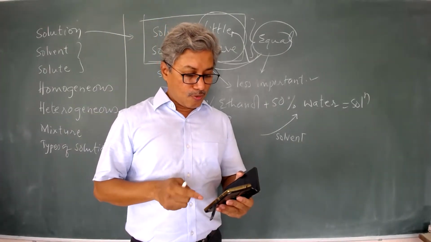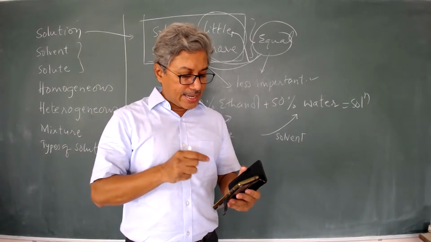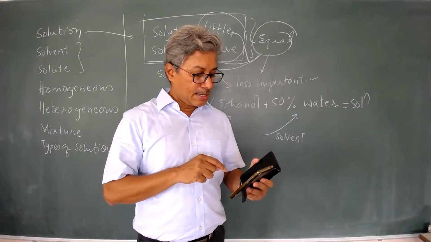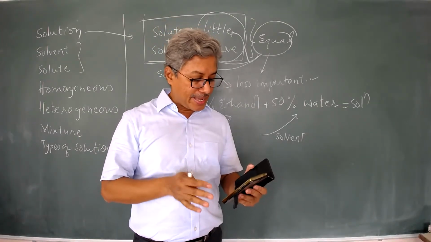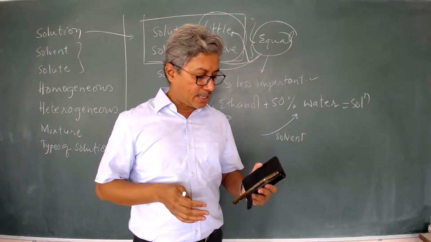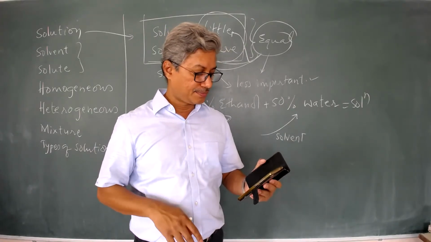Then what the student further says is, in such cases, to check the solute and solvent, the boiling point concept can be used. That is, by checking the boiling points, we can come to know whether the substance is solvent or solute.